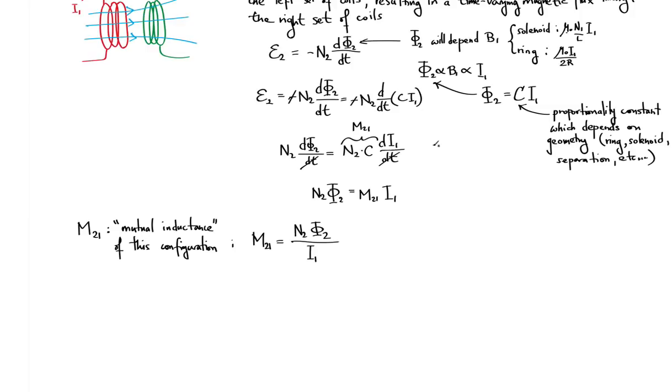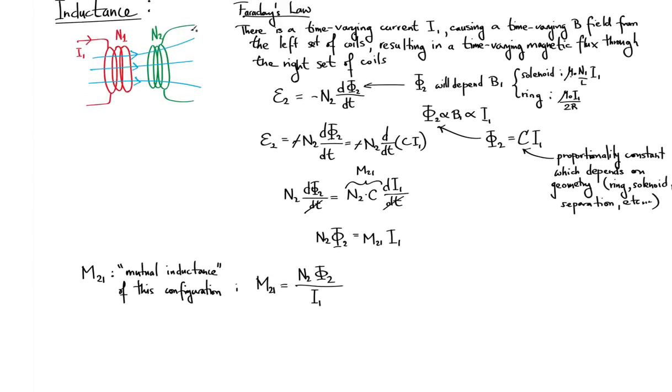So I can actually run this argument in reverse. Instead of pumping a current through the red set of coils and looking at the voltage generated on the right set of coils, which is what this M term is telling us, that if I generate a time varying current here, how strong a voltage is picked up by this set of coils, I could do this in reverse, right?